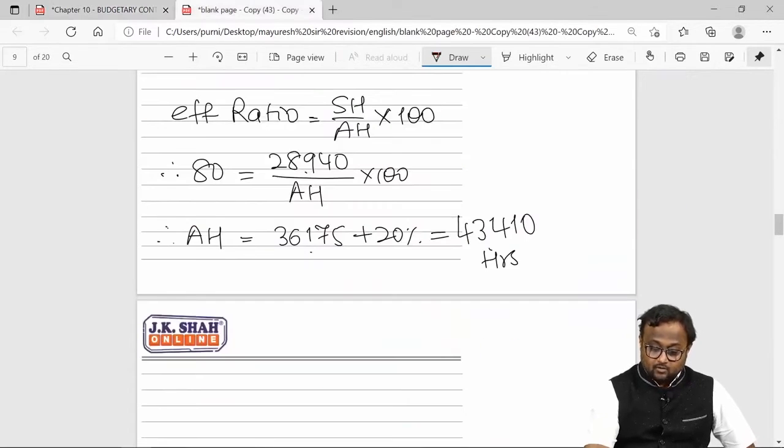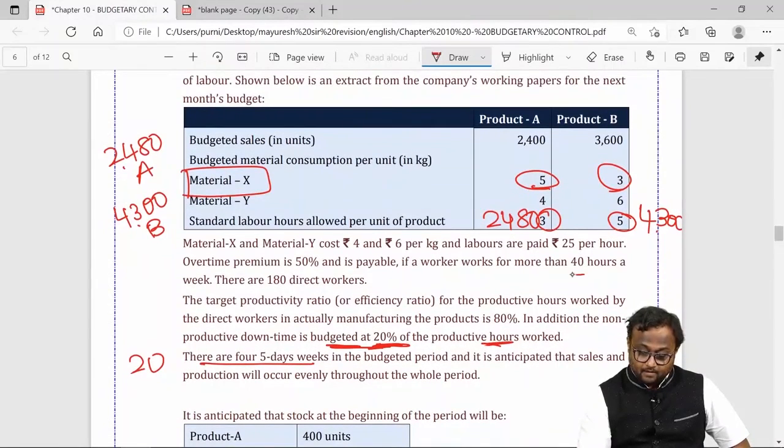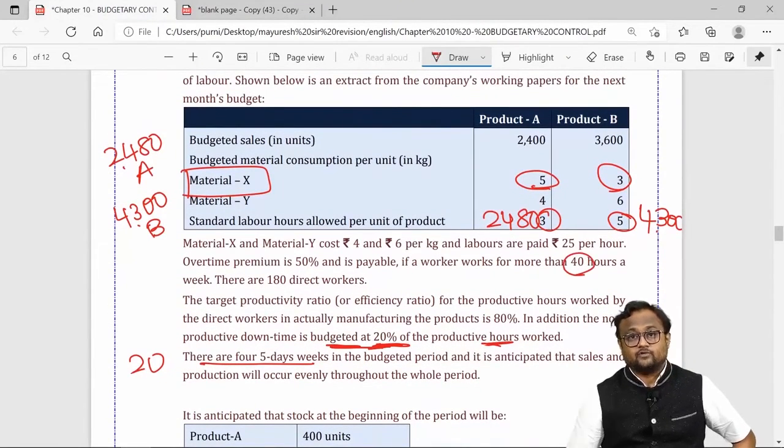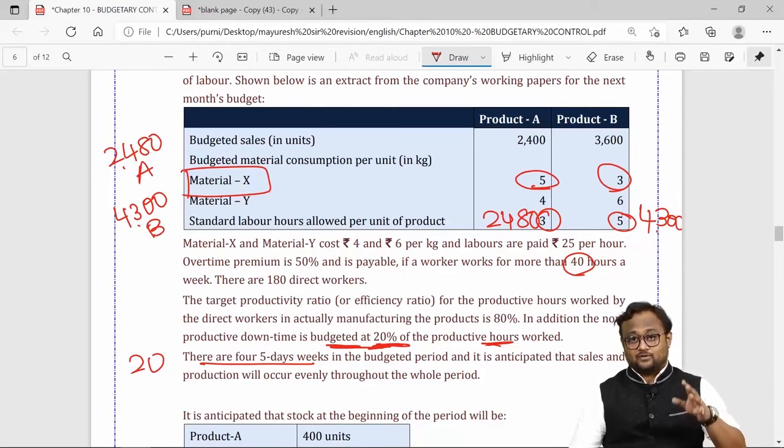Okay. Now, please understand one thing. Each worker can work for 40 hours in that factory. So for 4 weeks, 160 hours work can be done by one worker. Because we are dealing with 4 weeks.